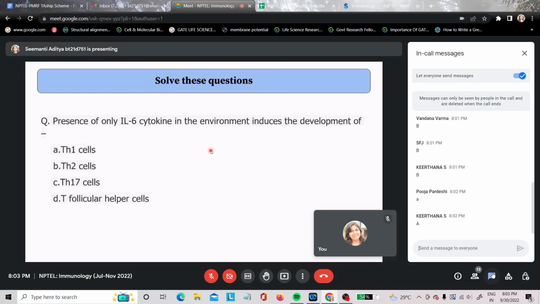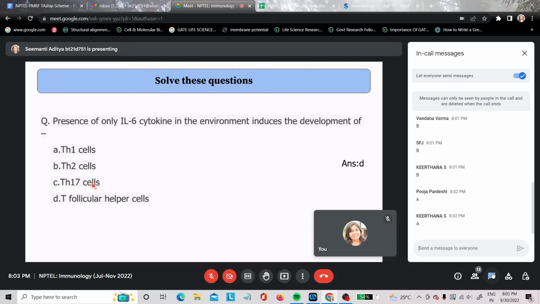It's not option number A. It's option number D. It is basically IL-6 will help in T follicular helper cell development. TH1 development is brought about by IL-12 cytokine. TH2 is by IL-4.